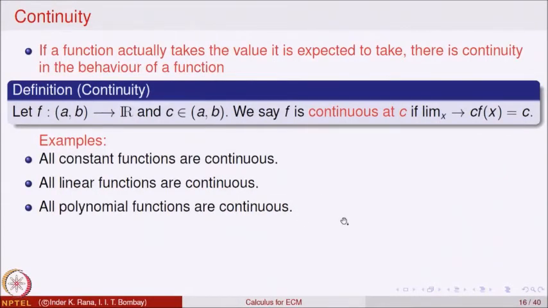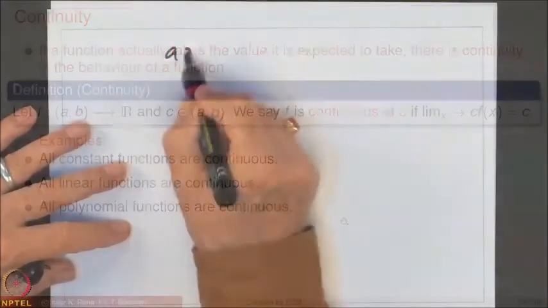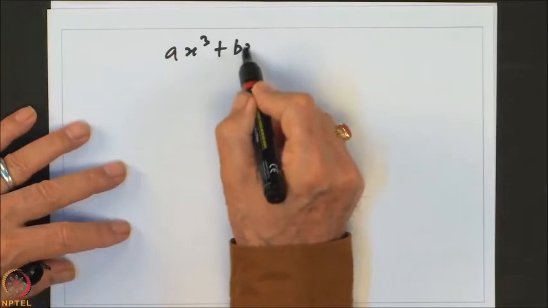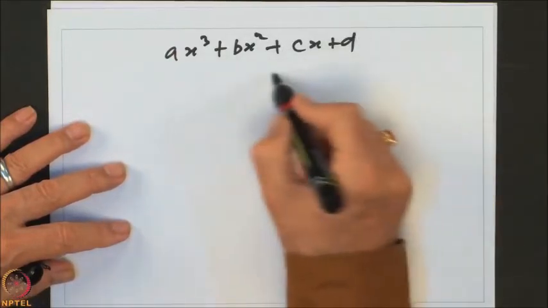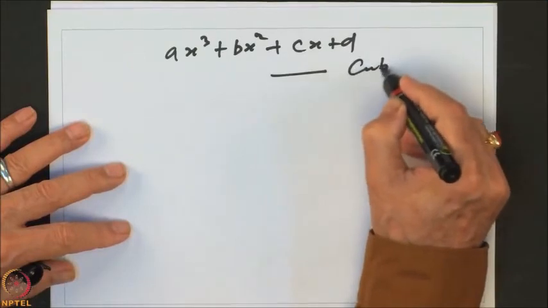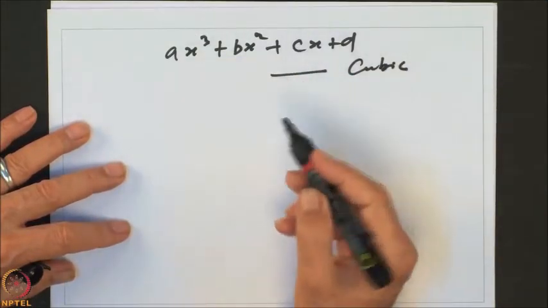So, what is a polynomial function? We looked at a quadratic, we can look at a third degree and so on. An equation of the type ax³ + bx² + cx + d is normally called a cubic, and similarly fourth degree and so on.